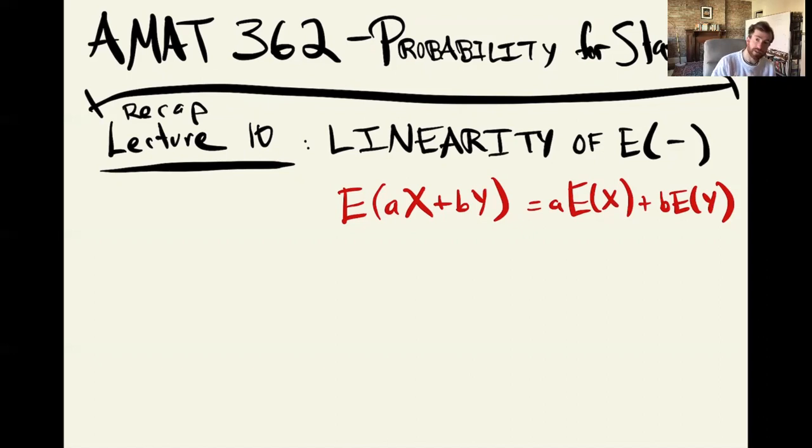Today, we're going to go a little bit deeper into this idea of a joint random distribution, where I want to study how possibly two or more random variables need to vary together.